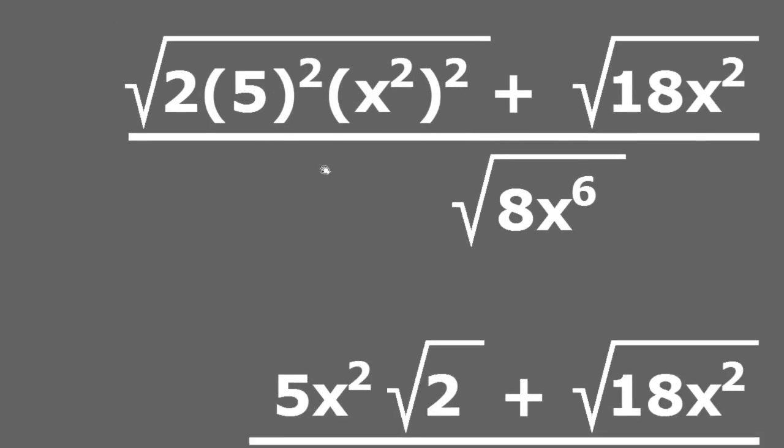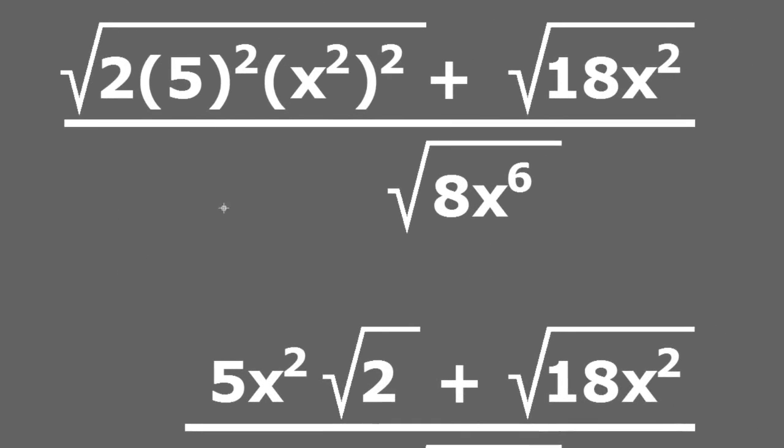Now remember that a square root is nothing more than a root of grade 2. The grade of the square root is 2. So anything that I have on the radicand, on the inside of the radical sign, with an exponent 2, which is equal to the grade of the root, so 2, I can take outside of the radical sign.